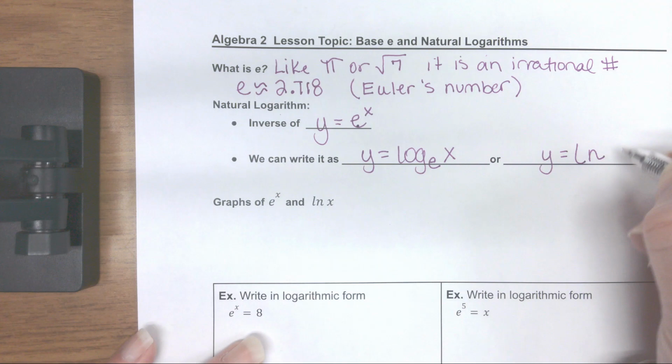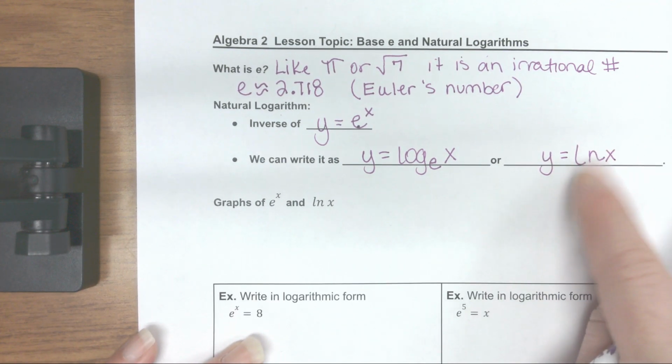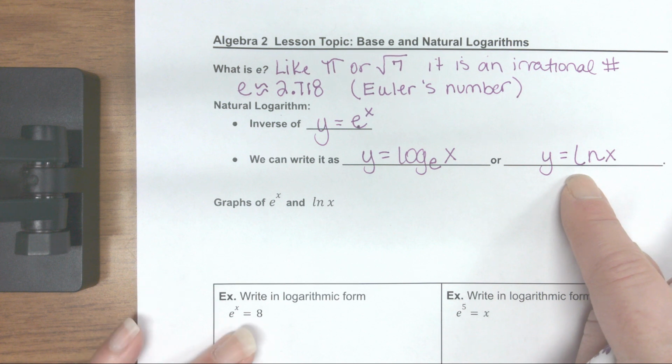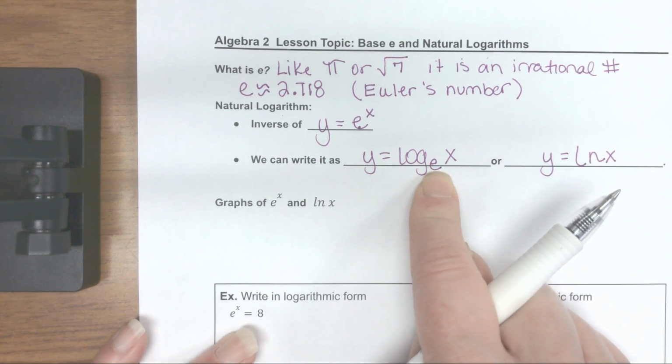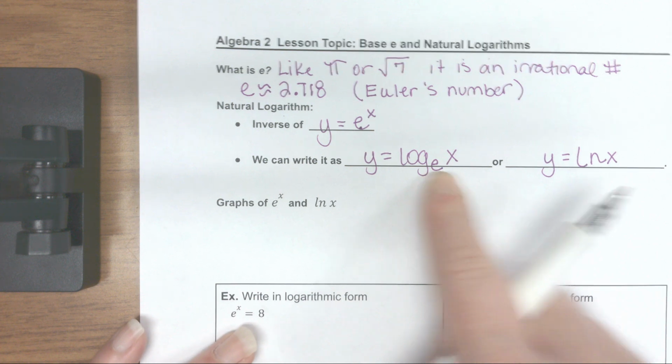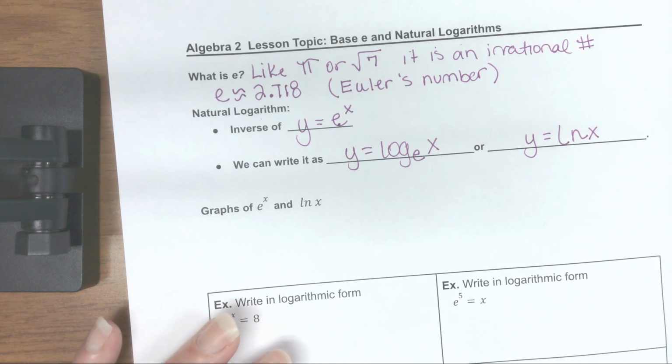So when you see ln of x today, that's what it is. The base isn't written down. The base is just e, this irrational number. All right, would you find the ln button on your calculator?